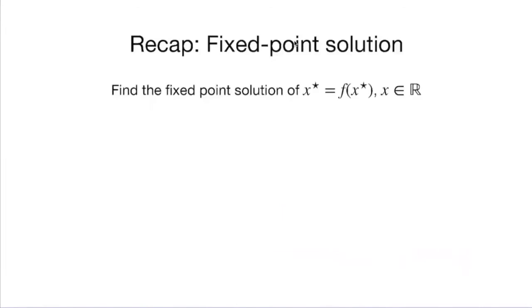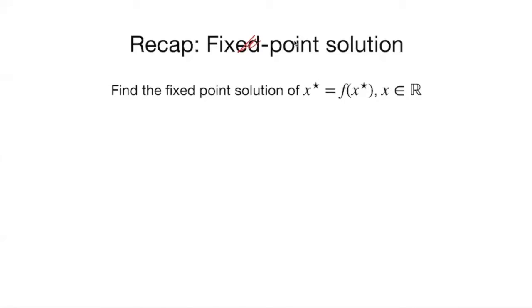In terms of the algorithm that we covered in the previous lecture, we talked about fixed point iteration, the fixed point solution. At a high level, for 1D cases, this is the problem of finding this X star.